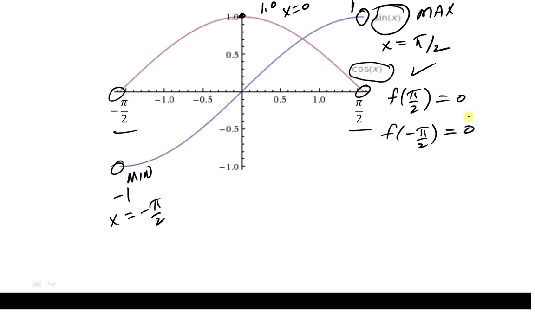So we're going to see that the min and maximum values of a function can occur internal to an interval, or interior we would call it, or it could be on the endpoints.